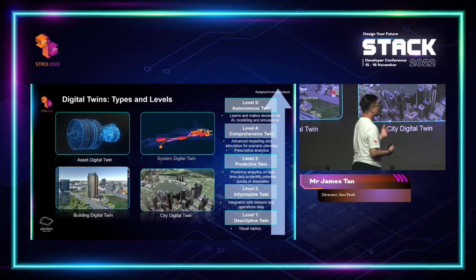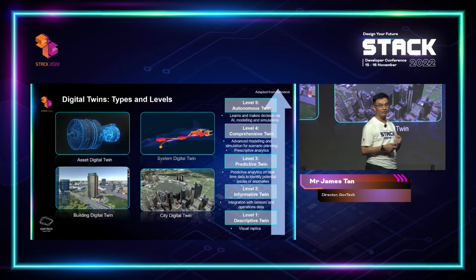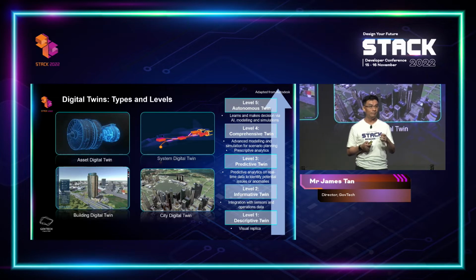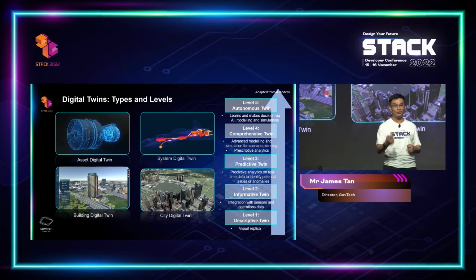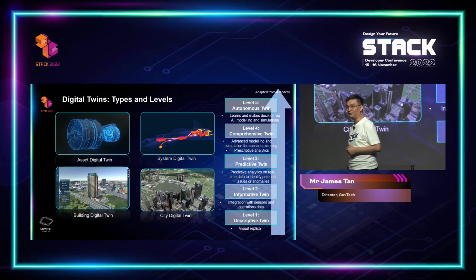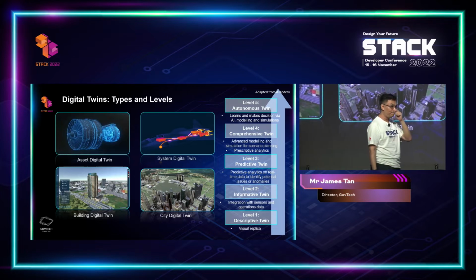And then as you move up some more, you have the predictive twin. So what does the predictive twin deliver? It gives you the ability to do simulation and identify problems, right? And if you go further up some more into level 4, which is a comprehensive twin, advanced modeling and simulation can come in. Just now I talked about computational fluid simulation, right? CFD, right?